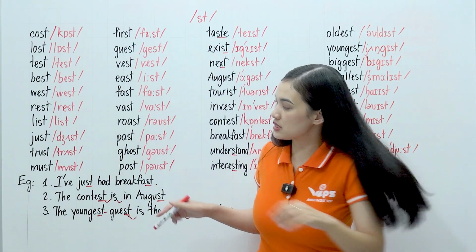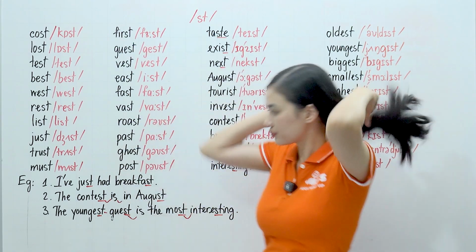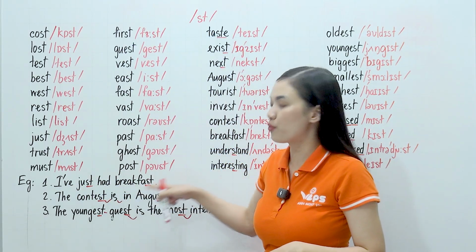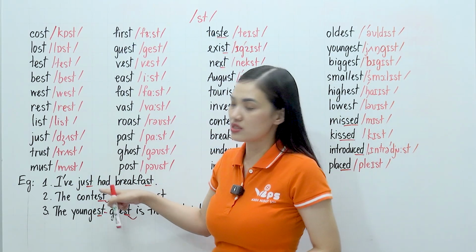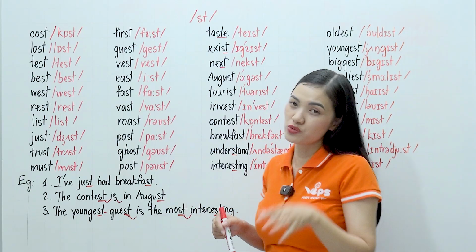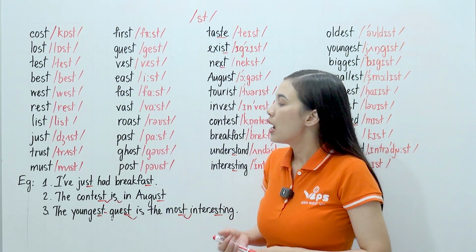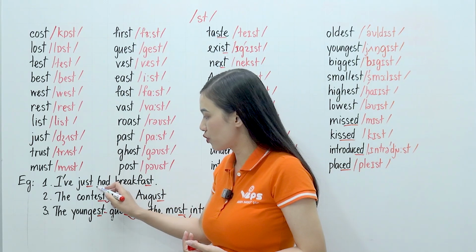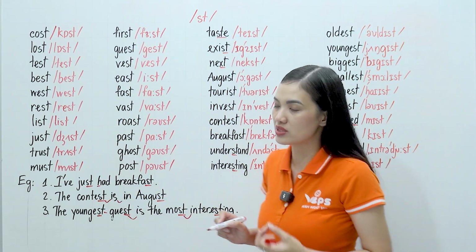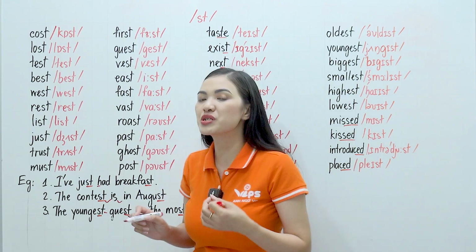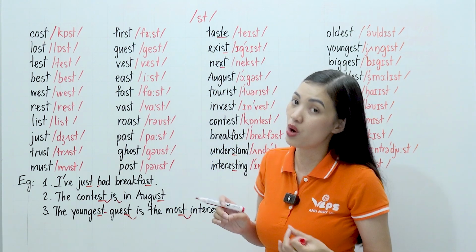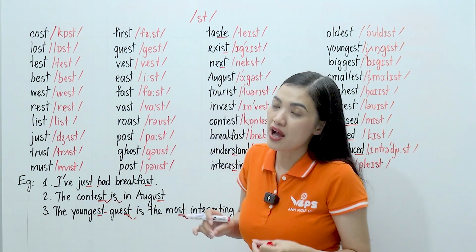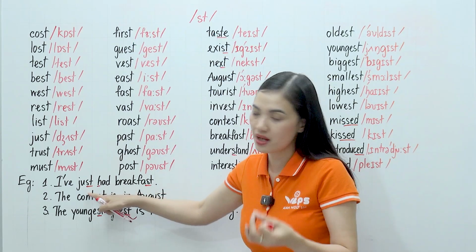Now, let's go to the examples here. I've just had breakfast. Just breakfast. But just remember that in communication, when a word ends with T or D and then the second word begins with a consonant, usually we don't have to make the plosive T or D. That means that you don't have to pronounce the T in I've just had.